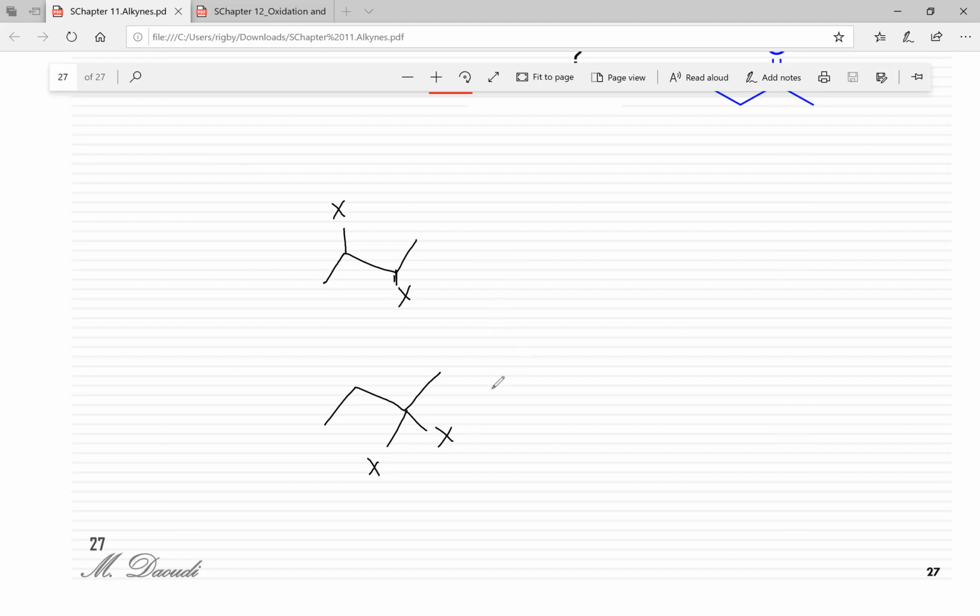So we can make a vicinal dihalide by using an alkene plus X2, whatever. However, to make a geminal dihalide, we're going to need an alkyne plus 2 X2. And so if our final goal is to make an alkyne, it doesn't really make much sense to go through all the trouble to go from an alkyne to a dihalide just to go all the way back to an alkyne.